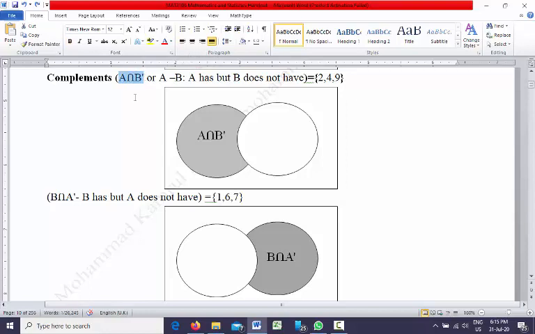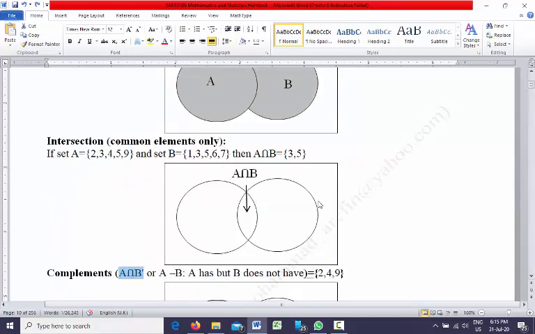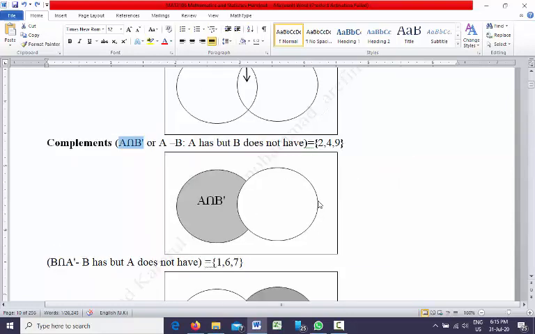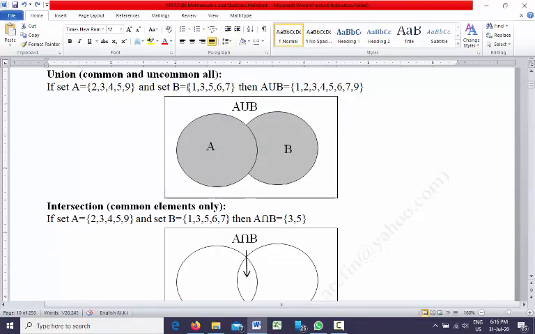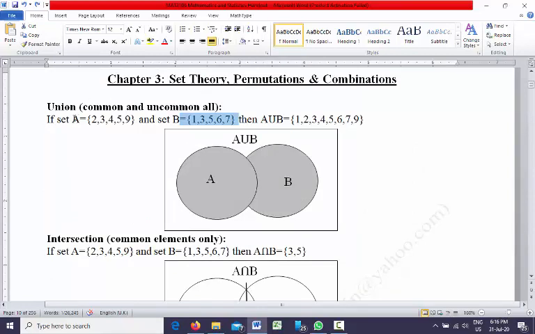So if you want to find out B prime, B prime means all elements other than B. Similarly, A prime means the complementary set of A. A prime or A complement is the complementary set of A. So that means all other elements outside set A.